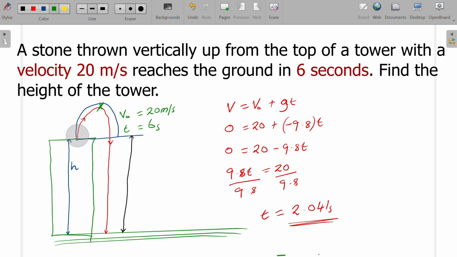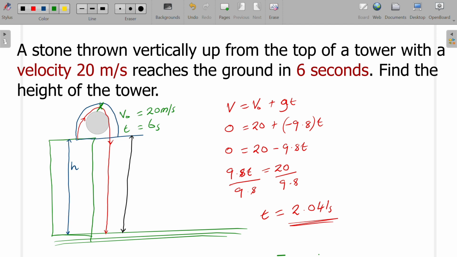So the time it takes to move from here up to the maximum point is still the same time it will take to move back to this point of beginning here. What this implies is it will use 2.041 seconds to go up and also 2.041 seconds to come back to its starting point.